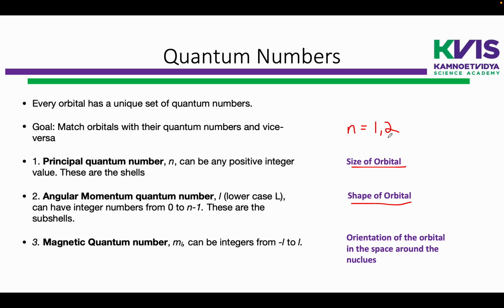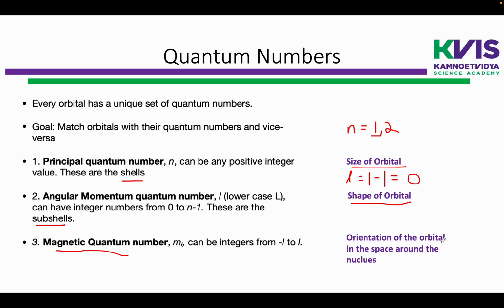So if n is equal to 1, then L is equal to 1 minus 1, which is equal to 0. This is what we call the subshells. The principal quantum number is what we call the shell, and the angular momentum quantum number we call the subshell. The magnetic quantum number can be any number from negative L to L.